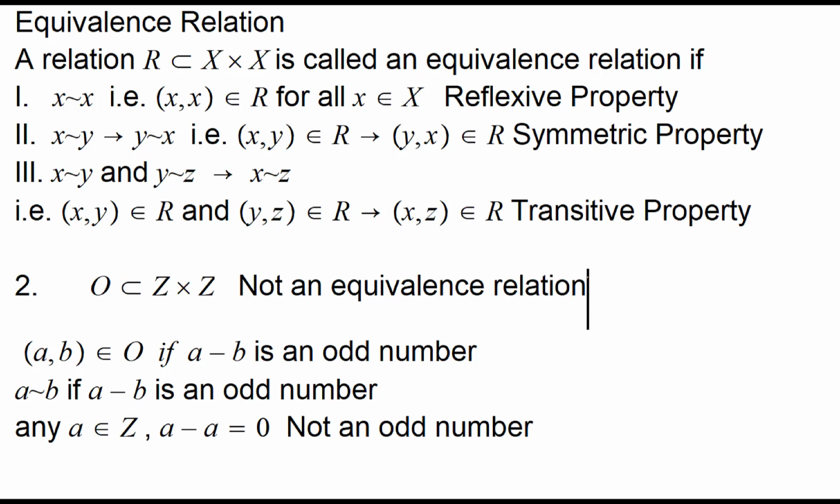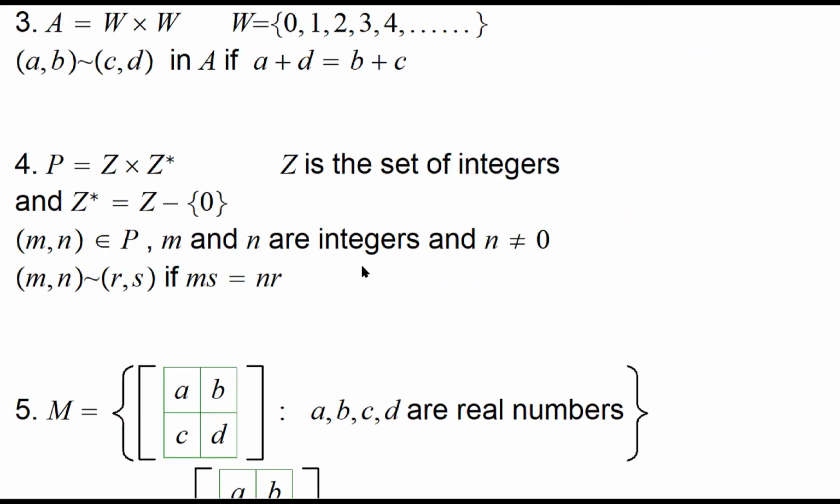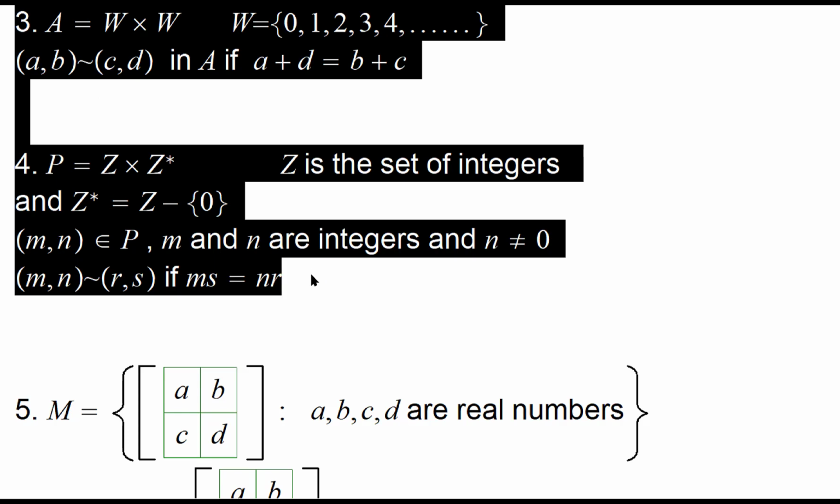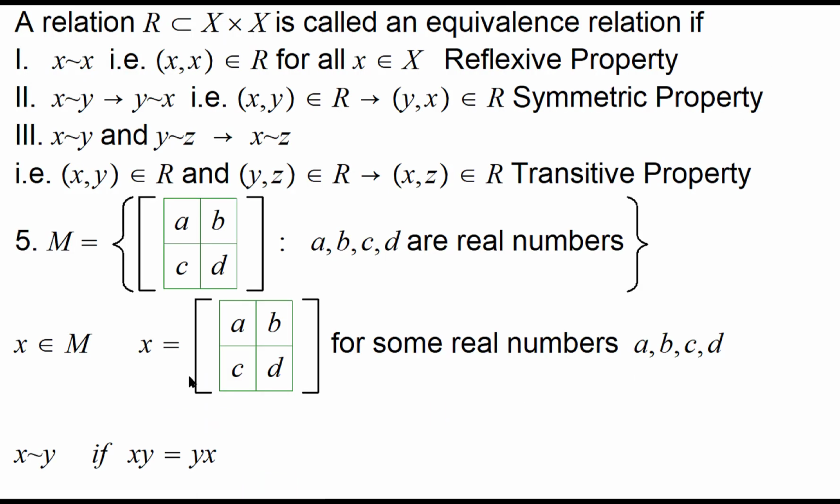And then let's bring up more examples. So for 3 and 4, I'm going to leave it for you to check as an exercise whether these are equivalence relations or not. So let's take up number 5 for us to check. So now I have brought example 5 here to check.